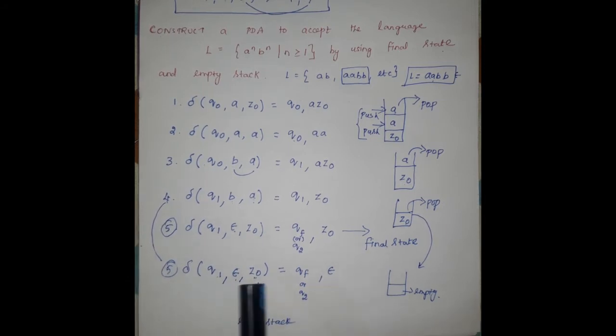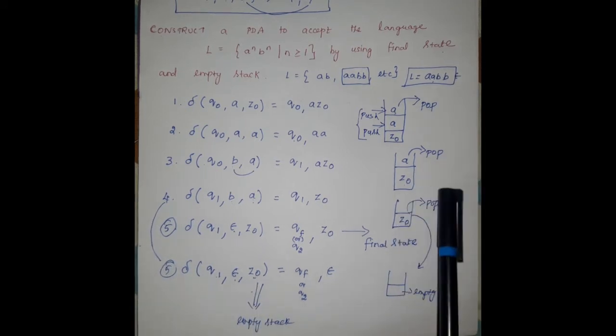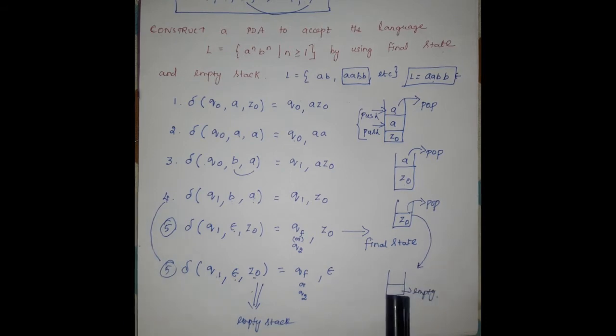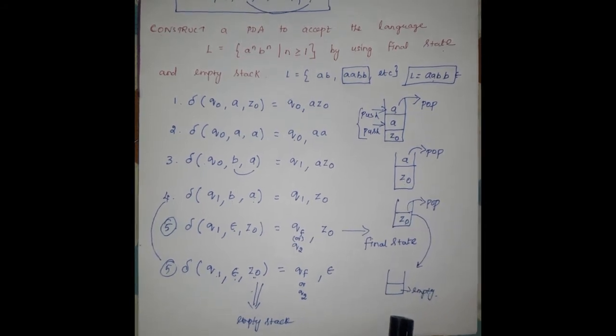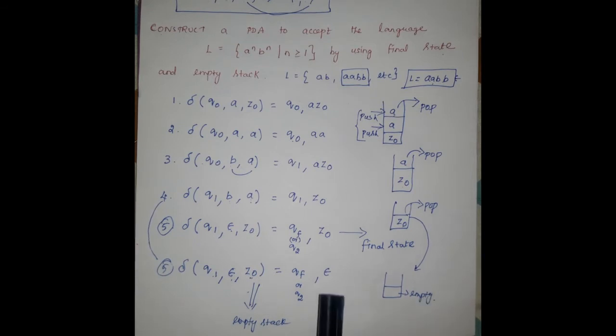So for epsilon we have to remove or pop the Z0 element from the stack. After Z0 is removed, the stack is empty by default. So after removing Z0, the stack doesn't have any element, so we write epsilon in this step.